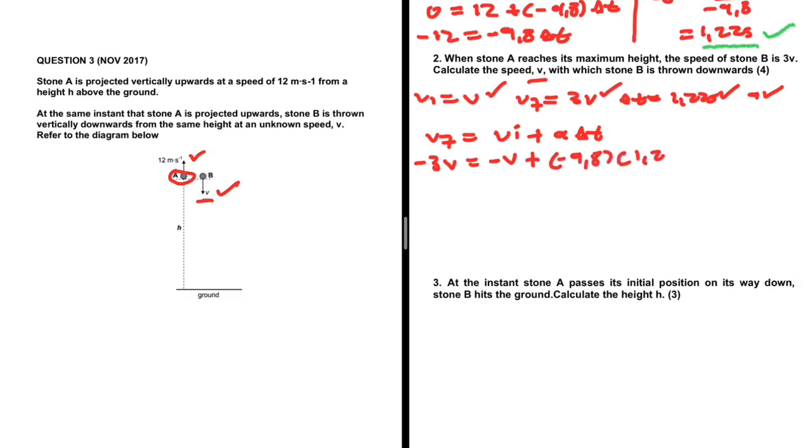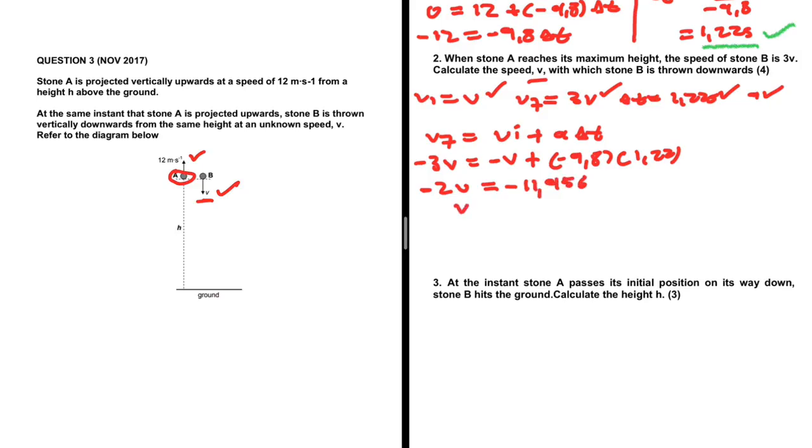The time is 1.22. So we're going to take minus v to the left-hand side, which is going to be plus v. So we're going to have minus 2v equals, what is minus 9.8 multiplied by 1.22? That is minus 11.956.